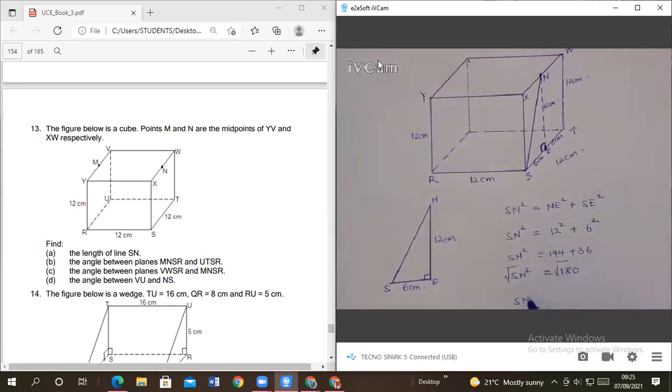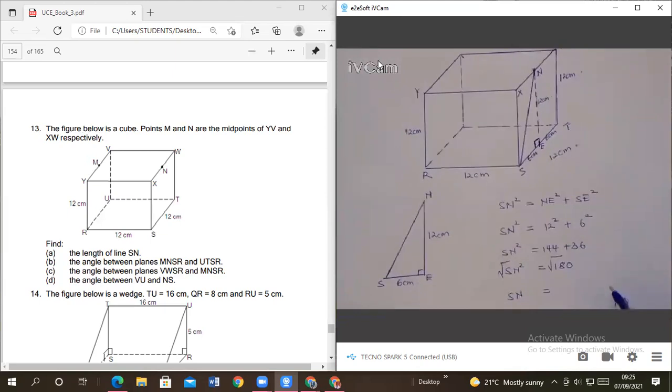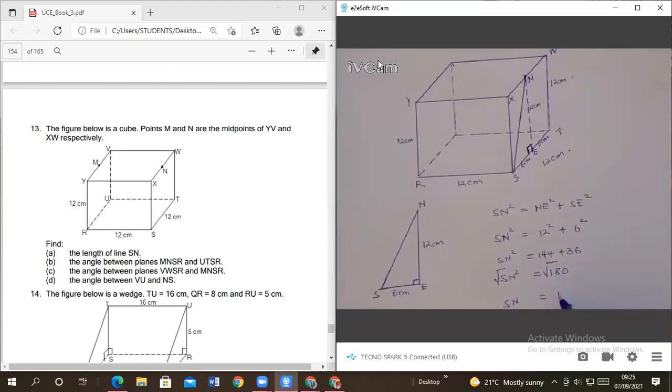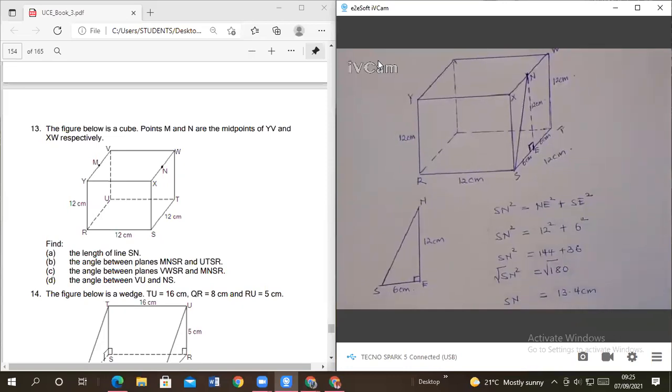So SN equals 13.4 centimeters. 13.42 centimeters.